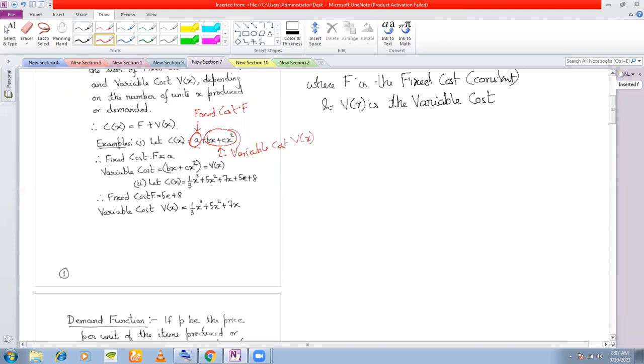Similarly, in the next one, this part here is your fixed cost F, and this part here is the variable cost V(x). So these are the two examples.